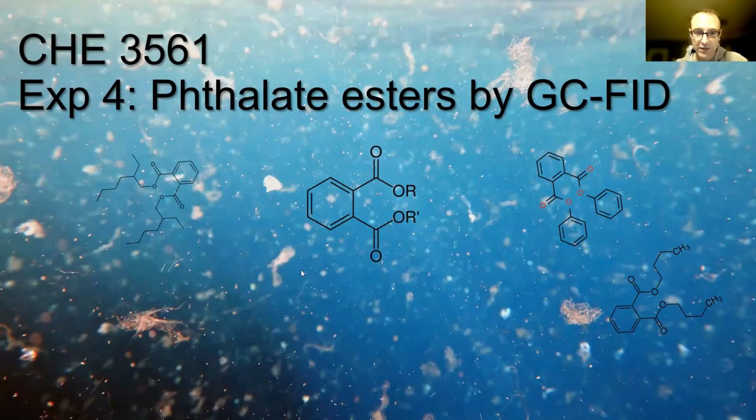And the image in the background here is one of some microplastic fragments floating around in a water sample. One of the reasons we're concerned about these, I'll get into in a moment, is that these phthalate compounds can leach from the plastics that they're used in into the environment and cause some risk for organisms that are exposed to these.